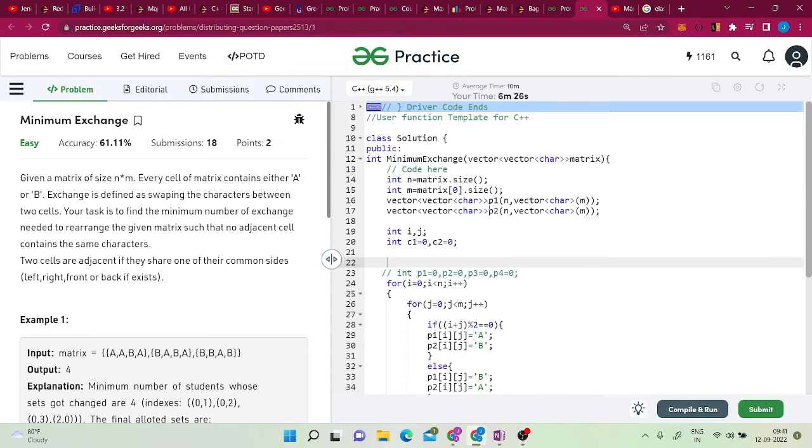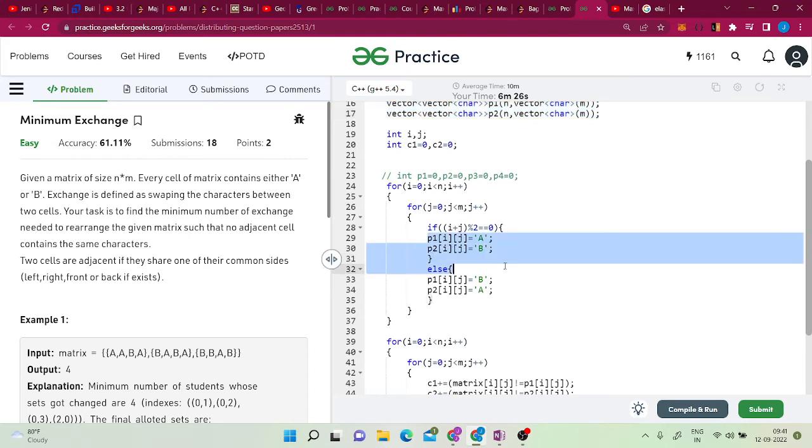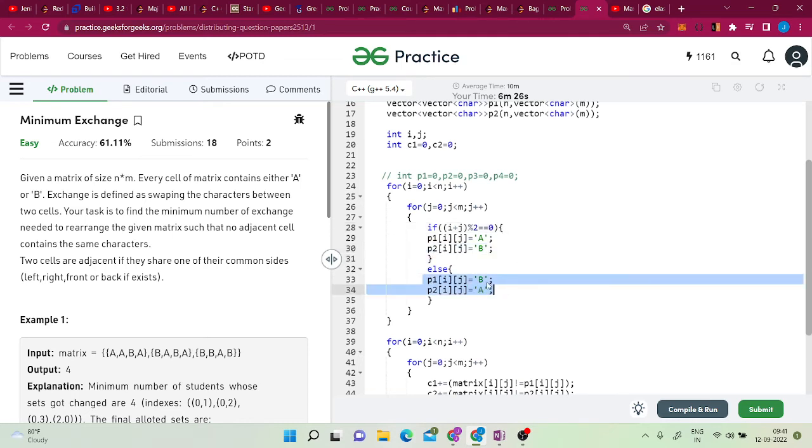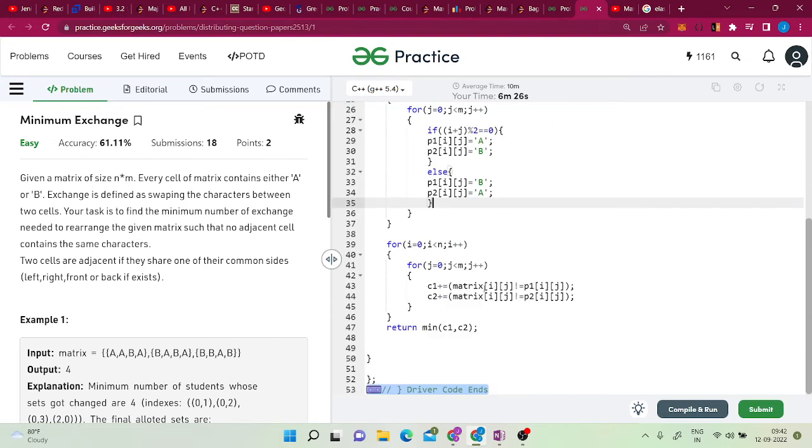So see, I am defining two matrices. I would first take the dimensions, and then I define two matrices P1 and P2, and I construct them, right? As I told you, if i plus j is even, then in the first matrix I would place A, and in the second matrix I would place B, and else B and A, right? If it is odd, then I would place B in the first and A in the second. And finally I would check the number of unmatching characters.